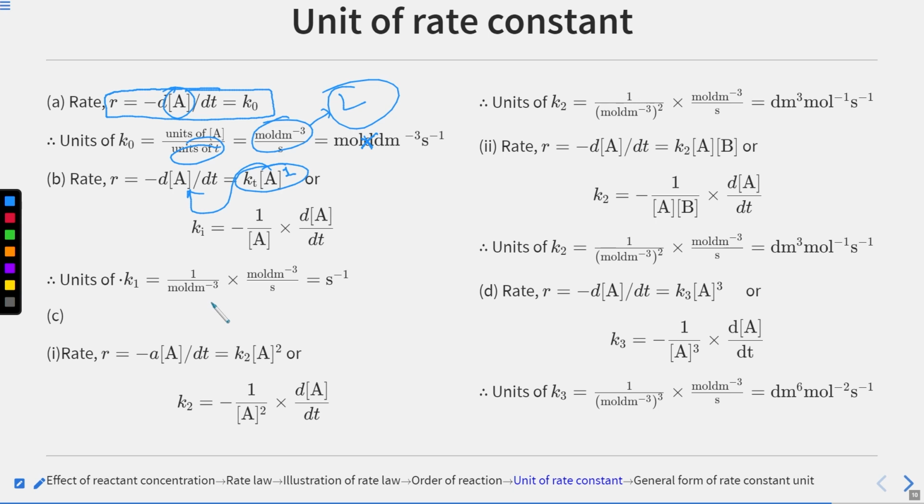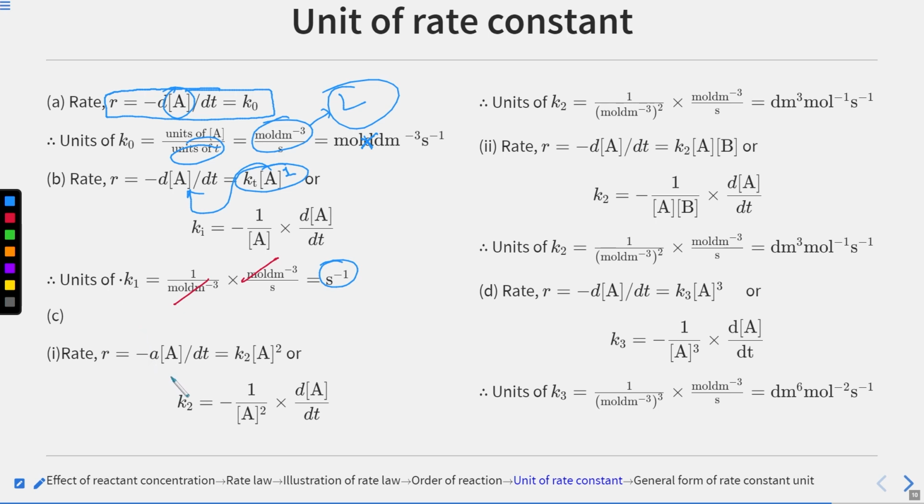So we have mole per decimeter cube in both, and these get cancelled out, and we are only left with per second. So this is our unit of K for a first order reaction.